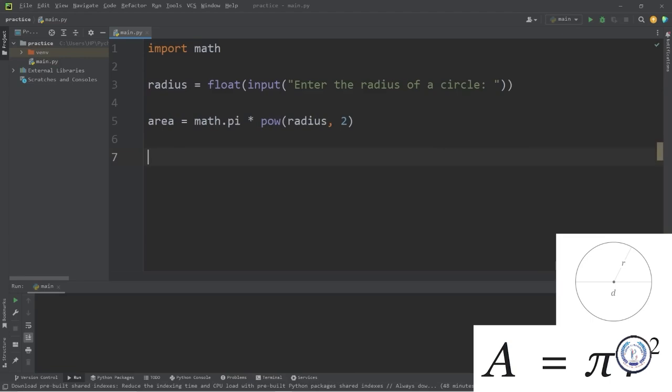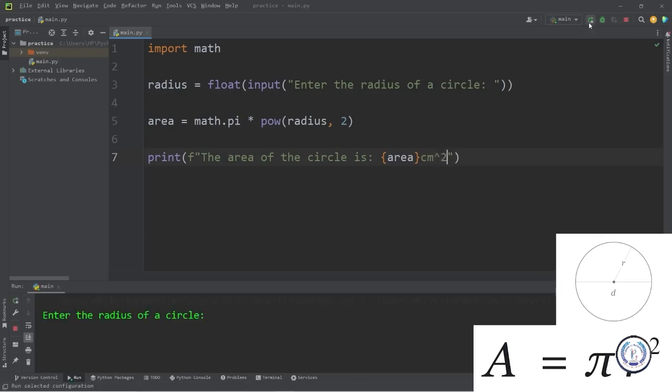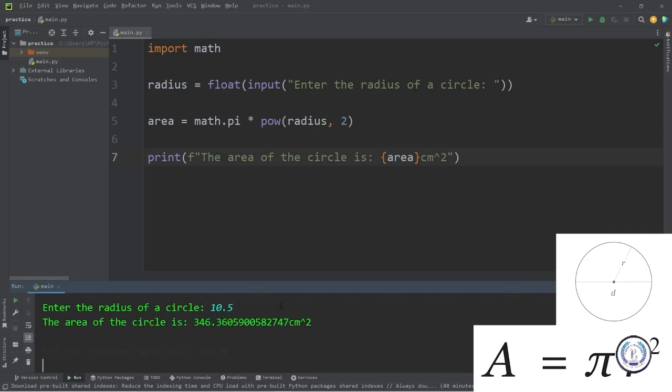Then we will display the area. Print, I'm using an F string, the area of the circle is our area to some unit of measurement, let's say centimeters, squared. Enter the radius of a circle, 10.5.